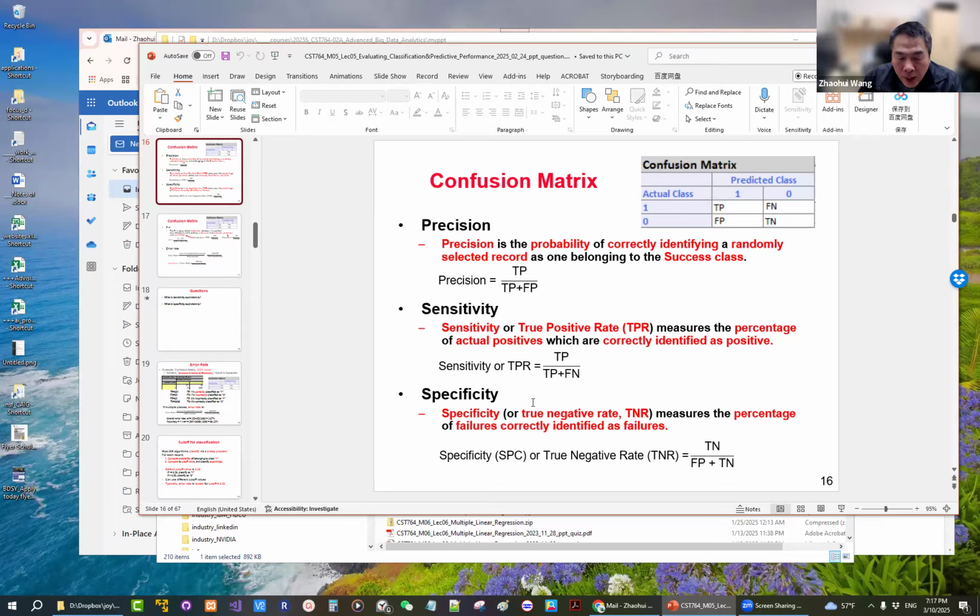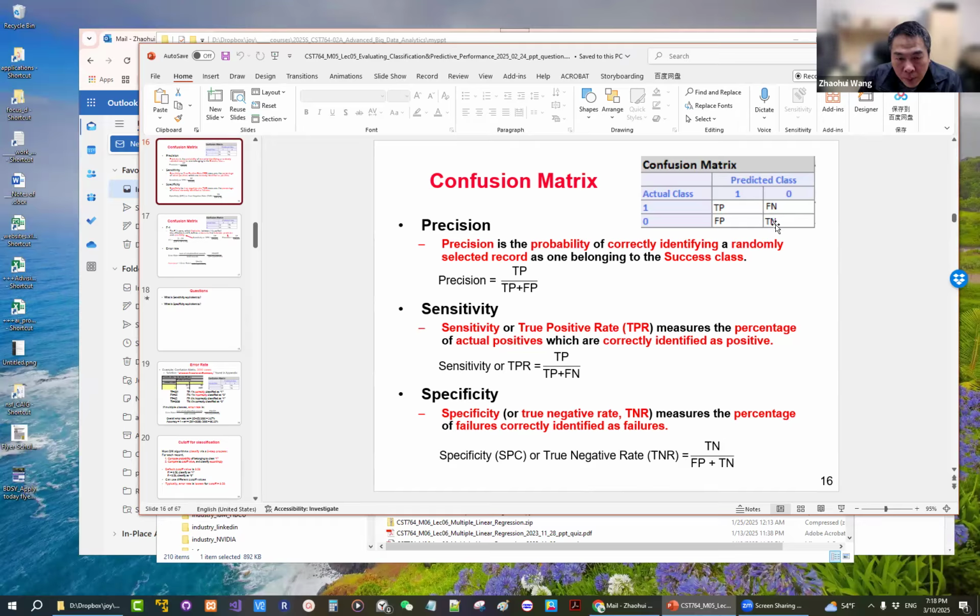The specificity is for the column of predicted class 0: true negative divided by true negative plus false negative. Sorry, this is the specificity.